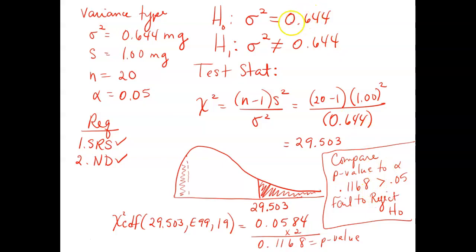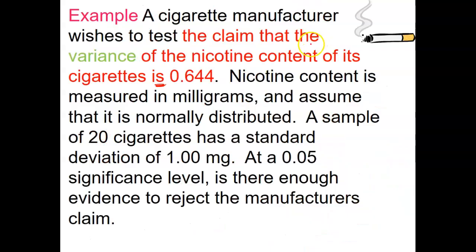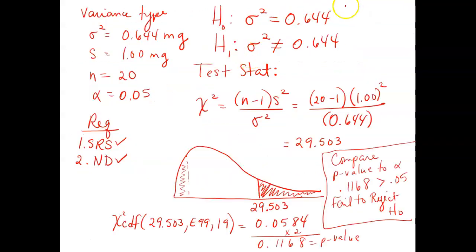Okay, if we look up here, our claim statement, again, we need to determine which one of these is our claim statement. So if I look at this claim statement, it turns out that this is actually the one that is the claim statement. This is the one that in symbols says the same thing that the claim said in words. Okay. So if I have decided that I'm going to fail to reject the null hypothesis, that's the same thing as saying do not reject it.